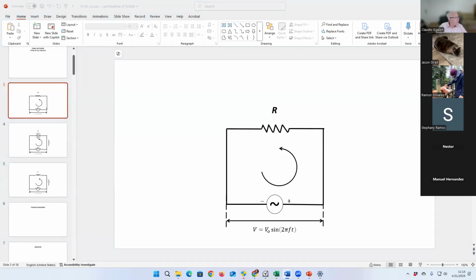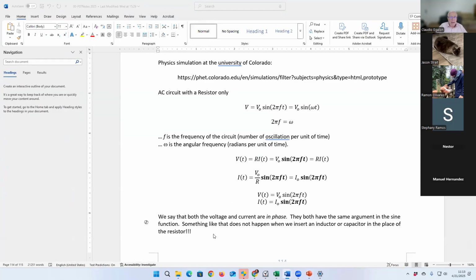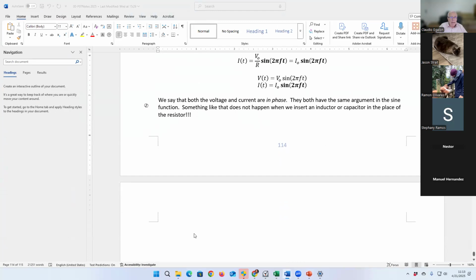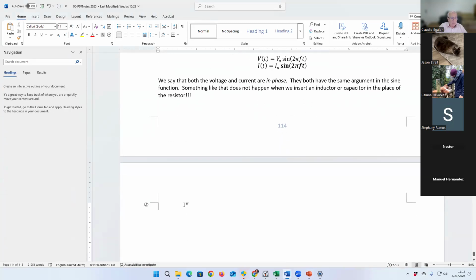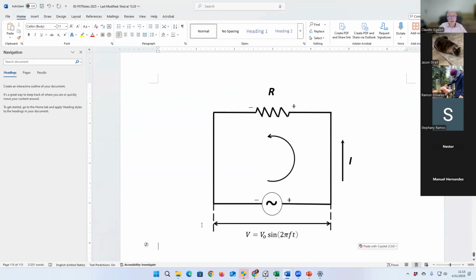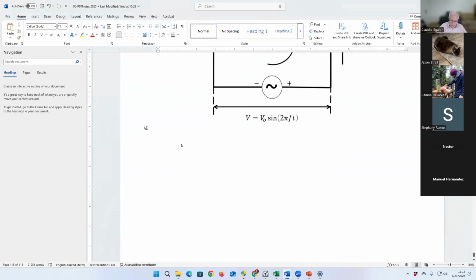displaying another, different way of displaying the voltage and the current in the circuit. So here you go. Here is the AC circuit with the resistor. The voltage can also be displayed in a graphical sense.